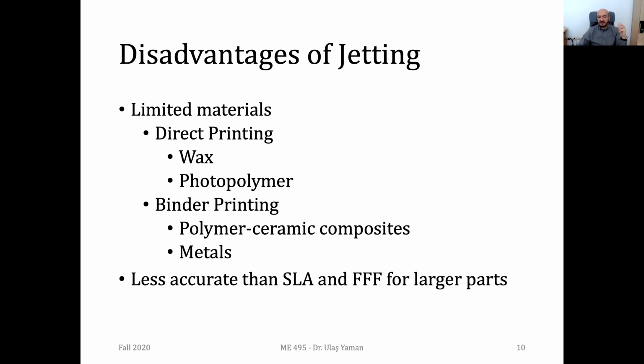If you watch the videos, I posted their links on the initial slides, you will see such material jetting processes. But these days, the most popular one is the binder jetting process, since it's much easier to do: you spread the original material powder and then you simply jet the binding agents. That's why I focus more on the binder jetting side.